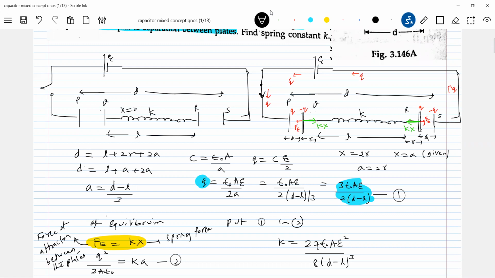Till now they haven't asked any question on this with the capacitor, but there is a possibility, because the capacitor and spring are equivalent. The capacitor stores electrostatic energy, the spring stores mechanical energy. Later, in the revision, I'll bring some numericals on electrostatic potential energy and elastic potential energy.